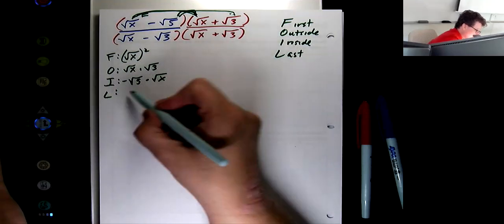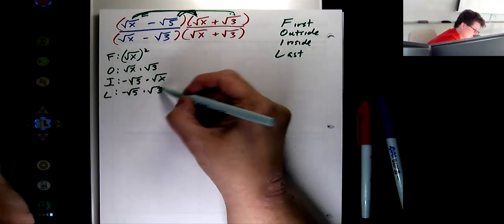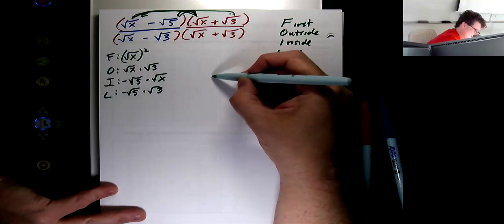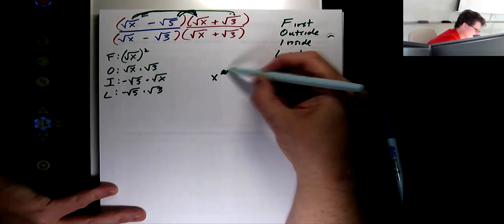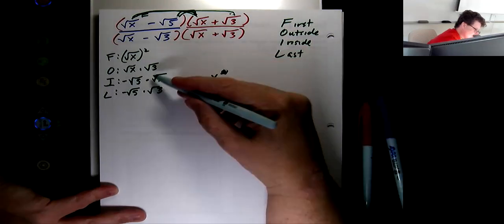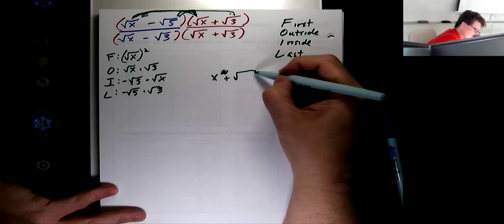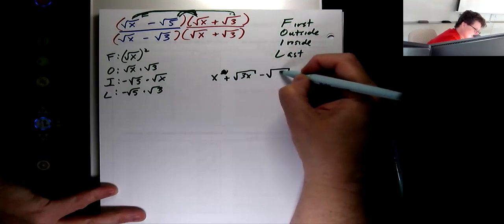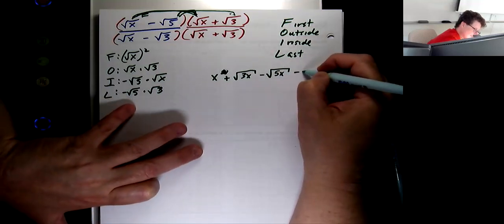And L is negative square root of 5 times square root of 3. So all that together is gonna give me x squared, not x squared, just x, plus square root of 3x, minus square root of 5x, then minus square root of 15.